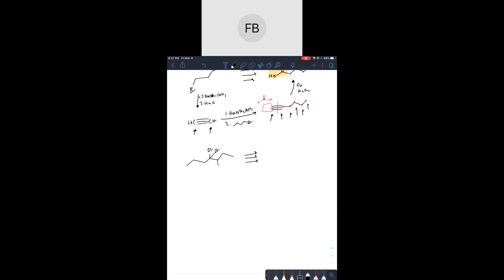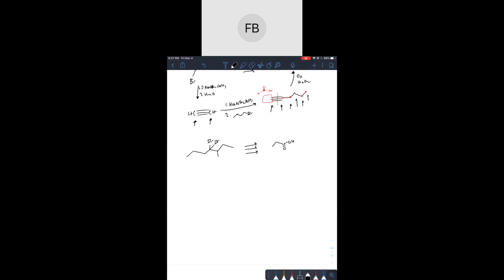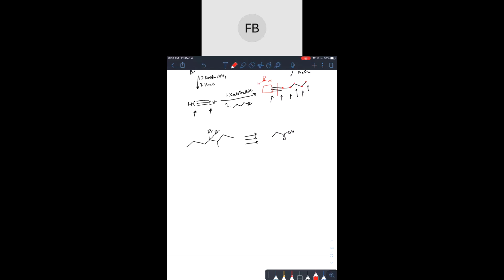Let's say the end product was, well, looking at this, you've lost a good amount of carbons, right? You had 1, 2, 3, 4, 5, 6, 7. So we started off with 7 carbons, and now we only have 3. So we can look at this and see, oh, maybe we can form a triple bond and then do ozonolysis. You get the idea.